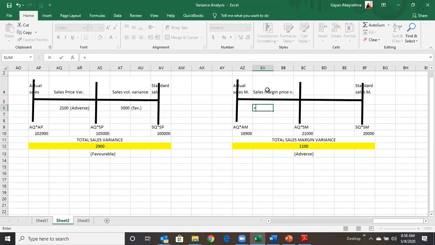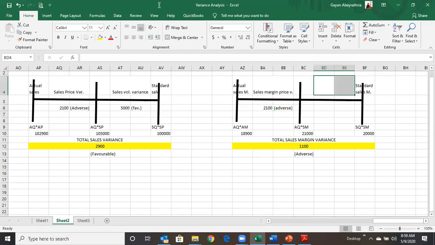Here you can see 21,000 minus 18,100, it's an adverse variance. The price related one may be equal, this side is always the same however you prepare it. This side we know as sales margin volume variance.